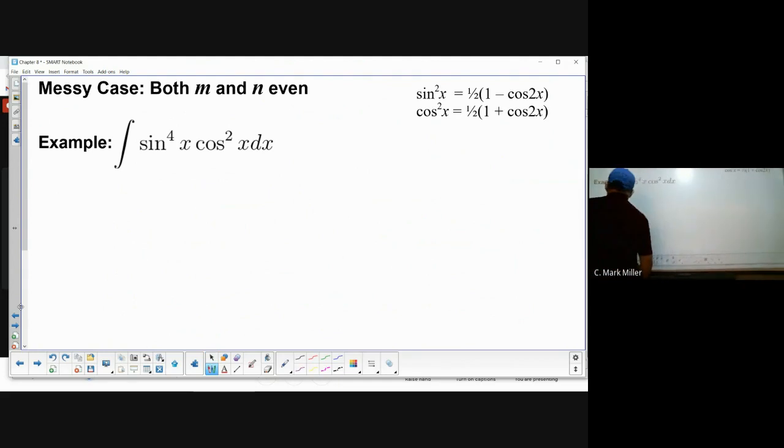So what do we do? Massive application. Did I say massive? Massive application of this guy here. So let's rewrite this. I want to get rid of the green. I'm going to rewrite this as the integral of sine squared x, squared, times cosine x.